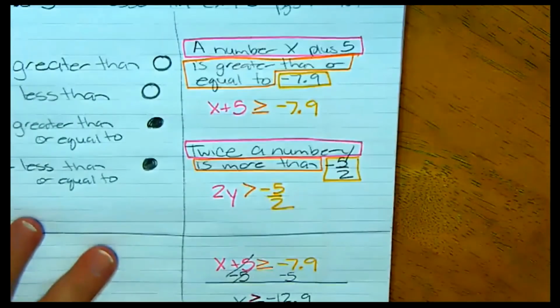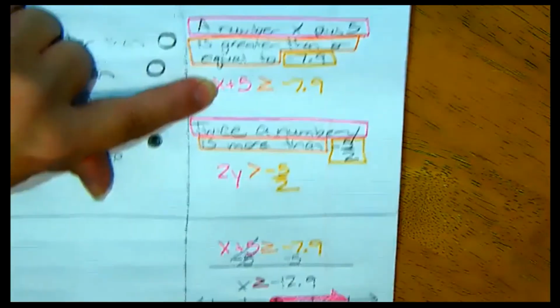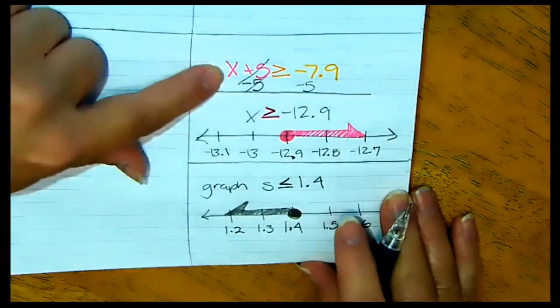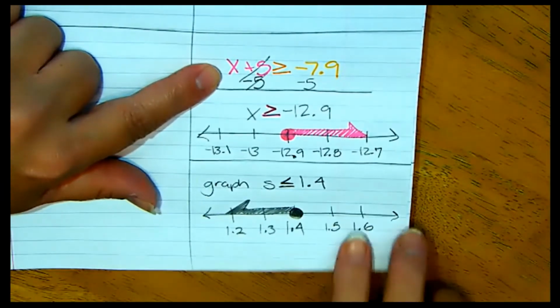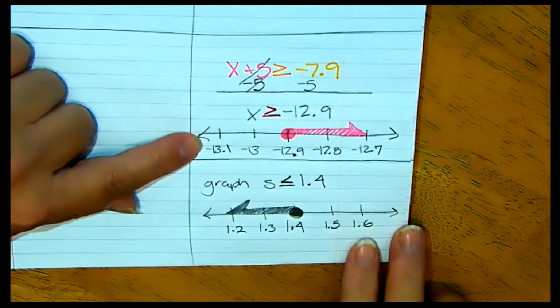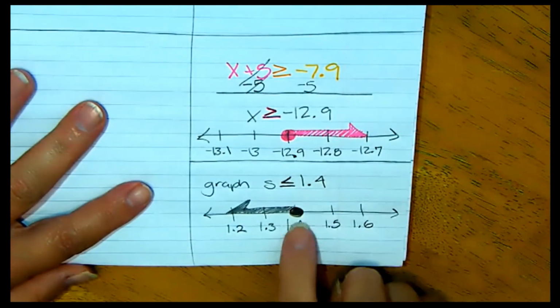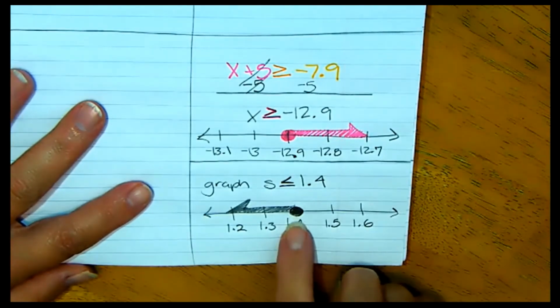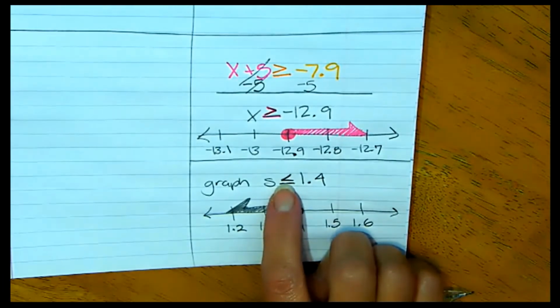So we need to turn the word sentence into a number sentence. Then we need to solve that number sentence and graph it. When we're graphing, we put our target in the middle. We take a look at our sign. Is it going to be a closed circle or an open circle?